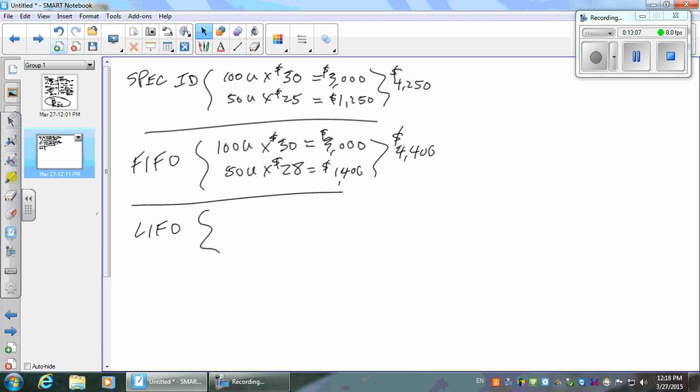So at December 31st, 2013, we had 100 that were $20, huh? So I've got 100 at $20 from the beginning inventory. 2,000. And then what? The first purchase, right? I need 50 more. How much did that first purchase cost? 24. So 1,200.